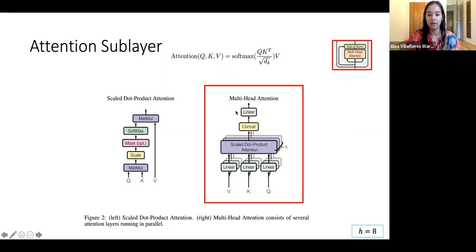You can liken this queries, keys, and values process to simply matrix multiplication of the query times the key, and then they normalize it using the dimensions of the key, and then they do a softmax and multiply it times a value matrix.